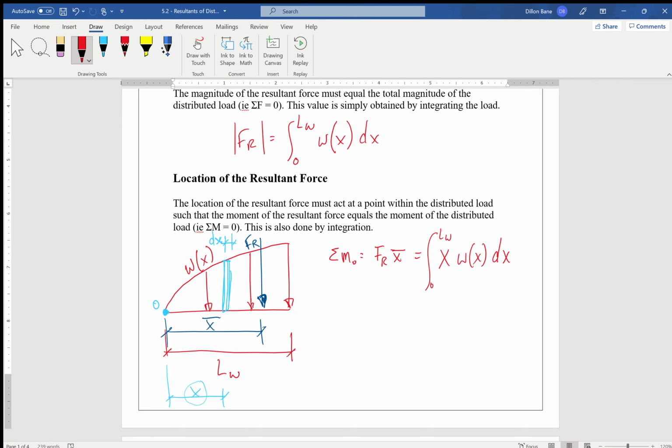So it's pretty much the same thing as the magnitude, but instead of just integrating the W function, we've got to multiply x into the W function and then integrate.